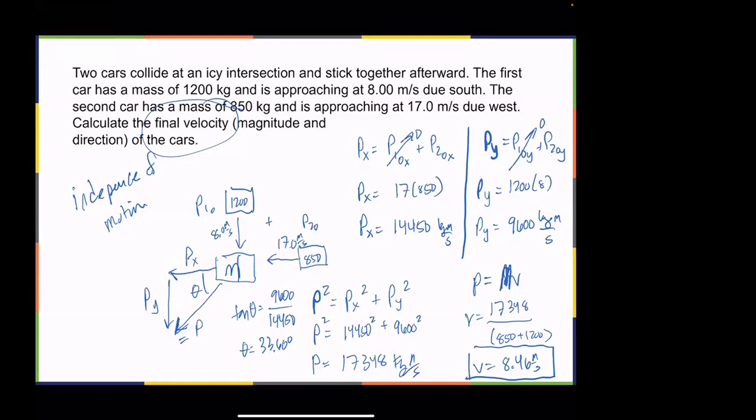So V equals 8.46 meters per second at an angle in the third quadrant of 33.60 degrees. Boom. That's how it's done.